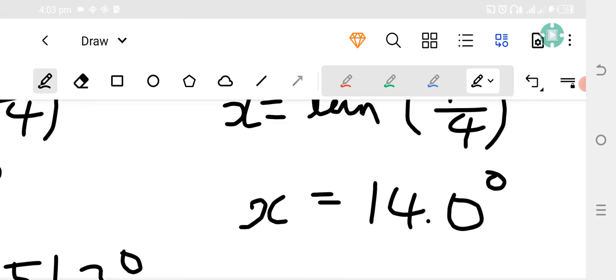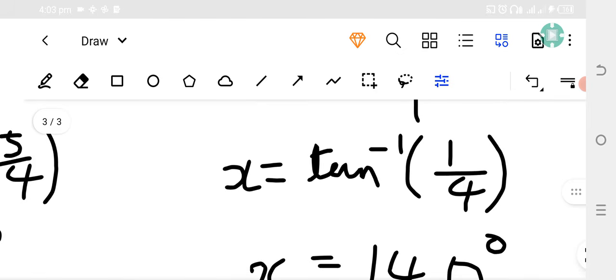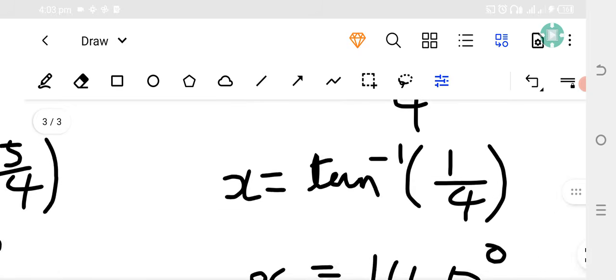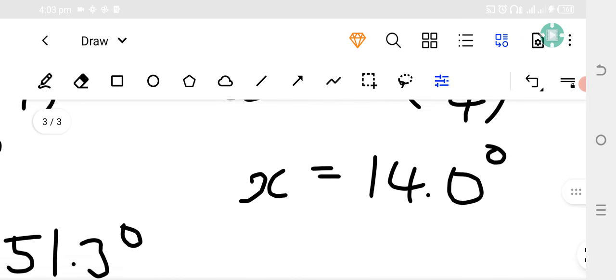Negative 3 plus 2 is negative 1. Then tan inverse of 1 over 4, where we don't consider the sign in these brackets when taking the tan inverse. We find that. Now, since we said negative, this acute angle is in the first quadrant, so it won't be part of the solution set.